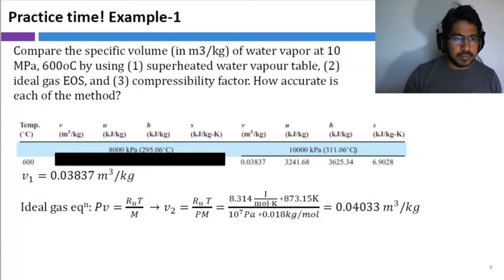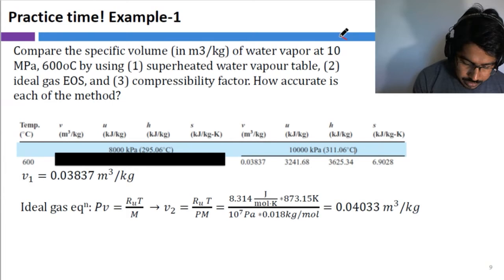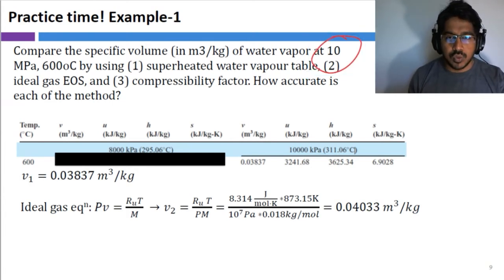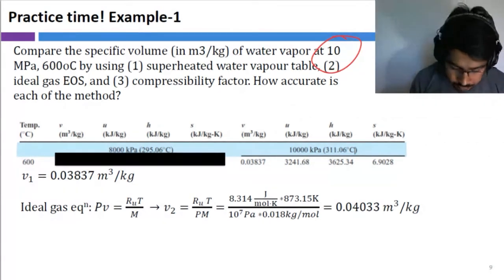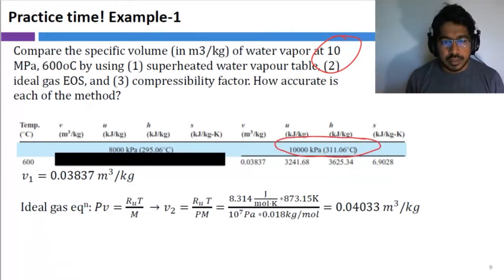So now if you go into superheated vapor tables, what you should be doing is locating your pressure first, right? So pressure 10 megapascals. Then there we have 10,000 kilopascals. Please be aware of the units that we use, because if the question says megapascals, in the table sometimes you may not see the exact same thing.